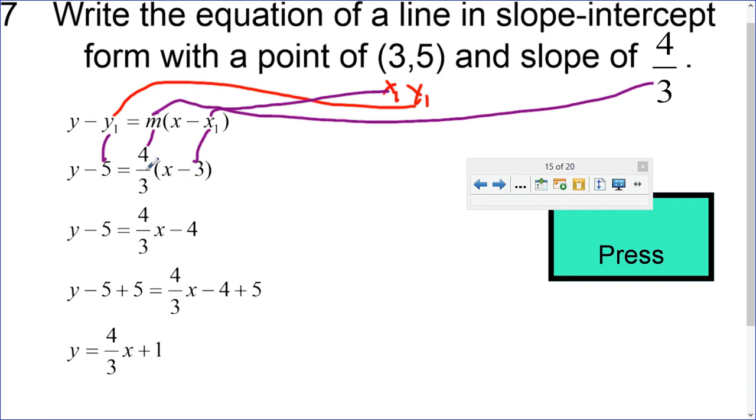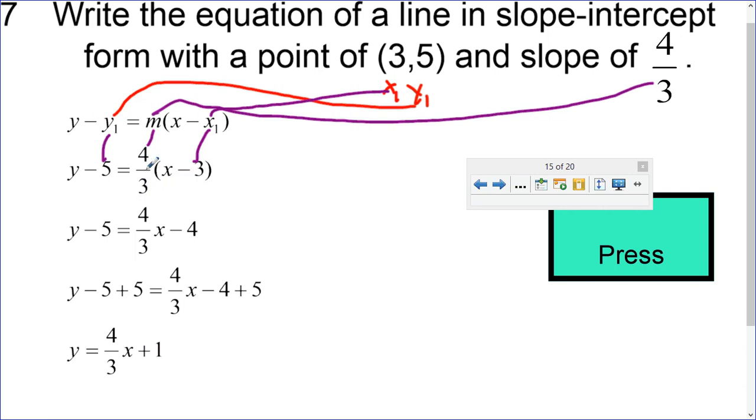So now it's just a matter of doing the distribution. On the left side we have y minus 5, so I left that as y minus 5. On the right side I have 4/3 times x, which gives me 4/3 x. Now I have 4/3 times negative 3.